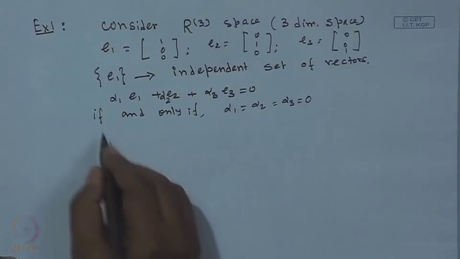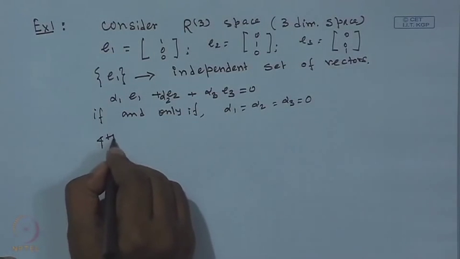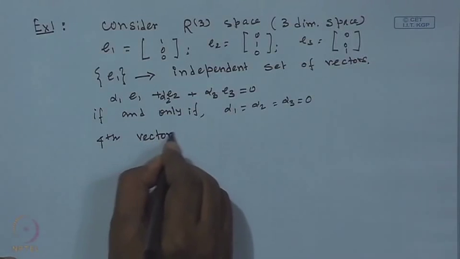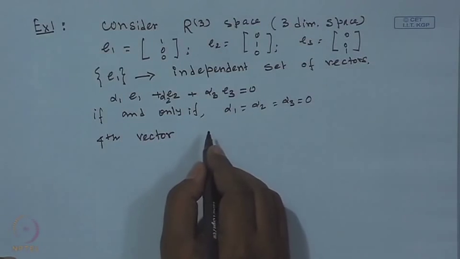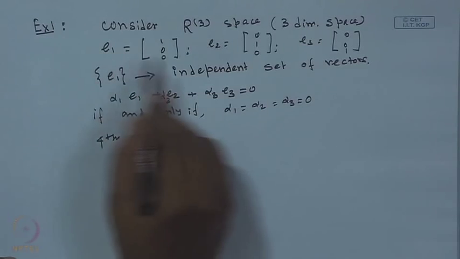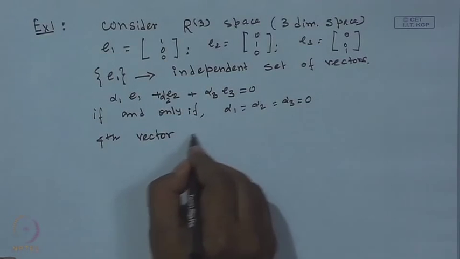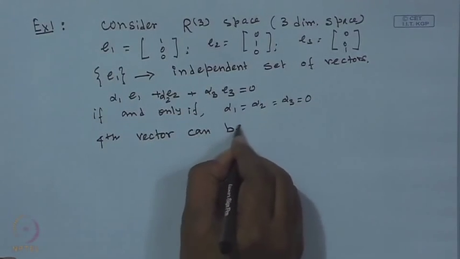Any other vector, any 4th vector in the space, can be expressed as a linear combination of these 3 vectors E1, E2 and E3.